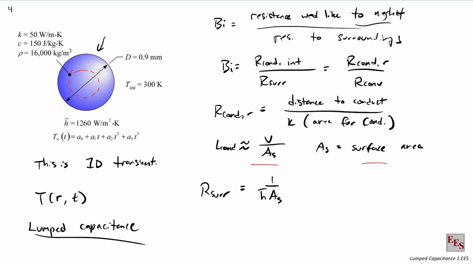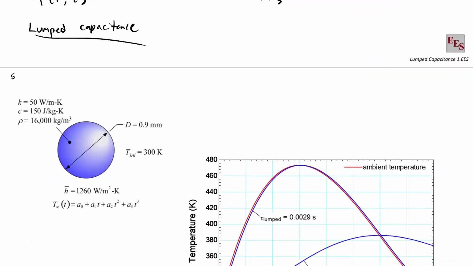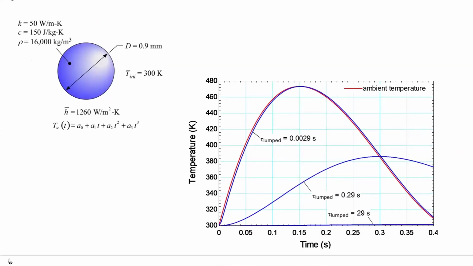Okay, let's keep moving here. For this example, what we want to do is look at how some of the properties of this body actually change the response and how it reacts to this changing temperature. So what we're looking at here is a plot which we generated with an example. But we need a way to characterize this type of problem.